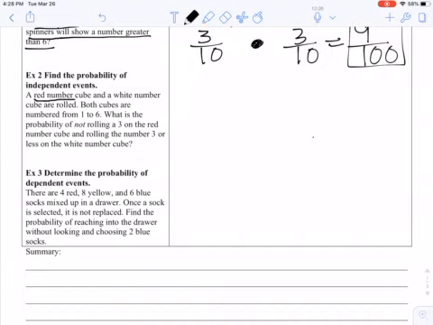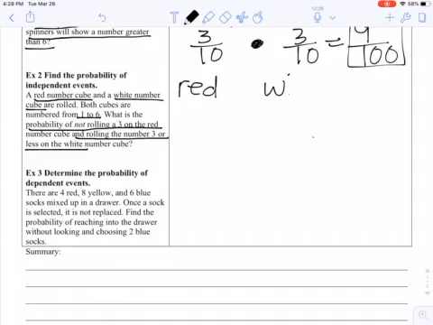We have a red number cube and a white number cube, and they're both numbered from 1 to 6. We want to know the probability of not rolling a 3 on the red and rolling the number 3 or less on the white. Okay, so I'm going to label red, and I'm going to label white.